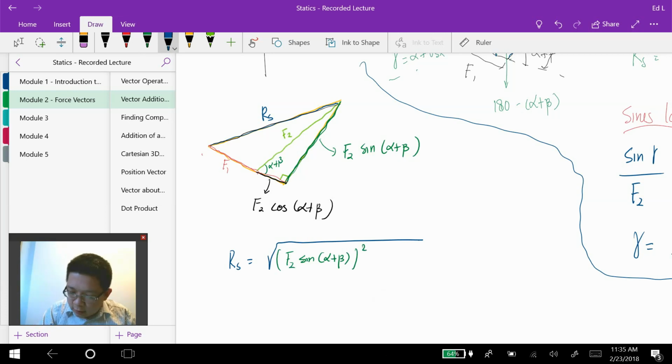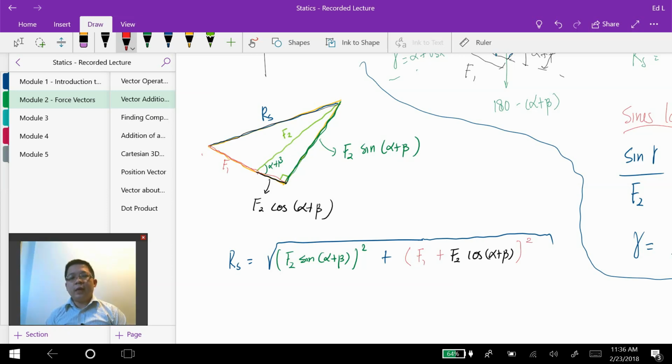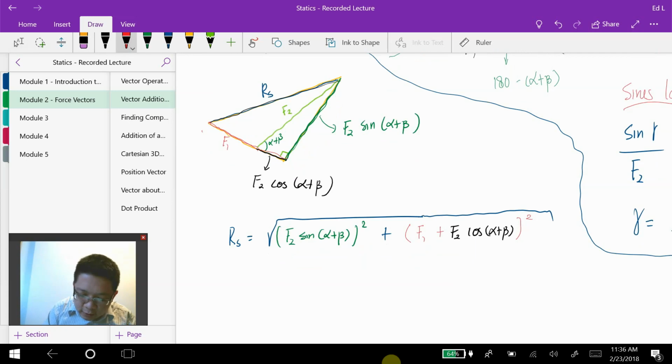And we need a larger square root over here, plus the red one, F1, plus the black one, F2 cosine alpha plus beta, and this whole thing is being squared, right? Okay, and if you perform these calculations, you should obtain the same result, which is 2.41 pound. If not, then something is wrong. Okay.